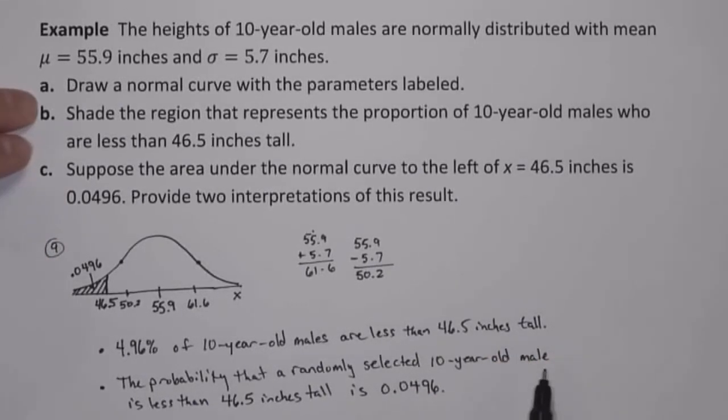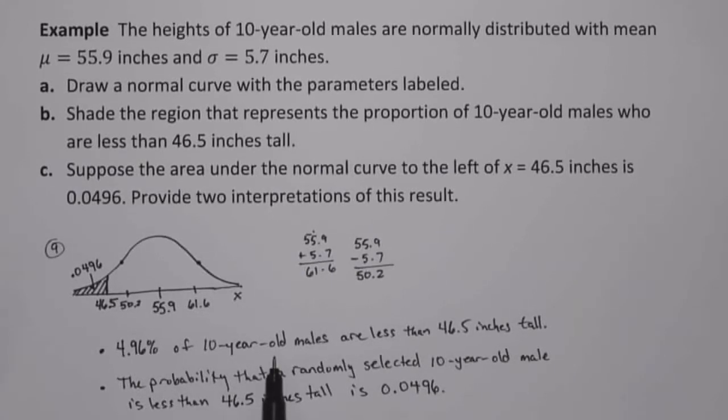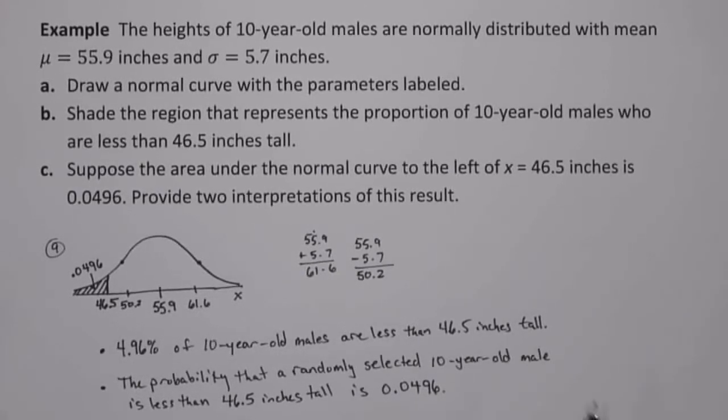So we have our two interpretations. 4.96% of the population of 10-year-old males is less than 46.5 inches tall, or if we randomly select one 10-year-old male, the probability that that male is less than 46.5 inches tall is 0.0496.